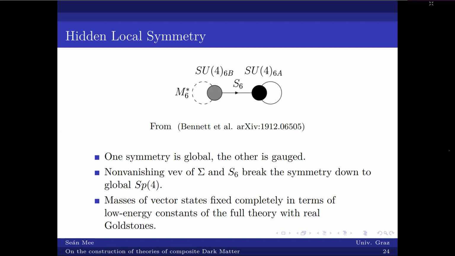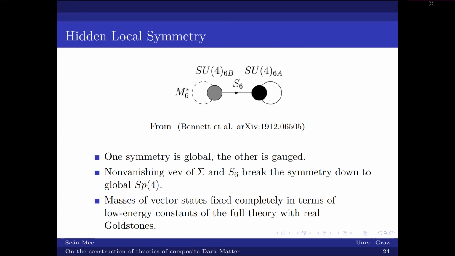So we have a global SU(4) as well as a local SU(4), which we break with a non-vanishing vacuum expectation value of sigma and then this scalar field S. So that breaks our symmetry down to just a global Sp(4). And now we have additional Nambu-Goldstone states in our spectrum, and these provide masses to all our vector states, right?